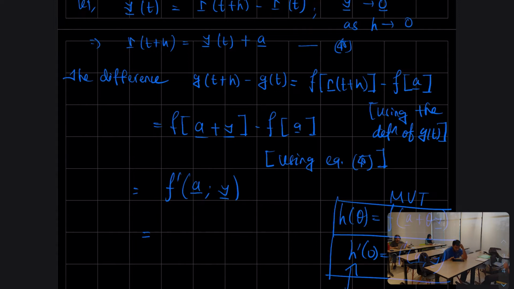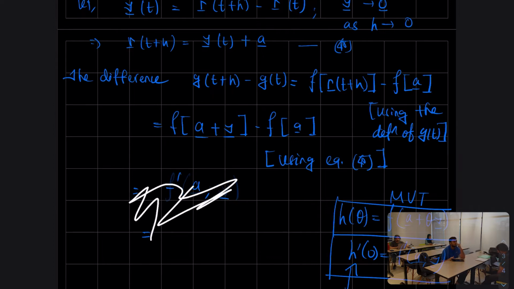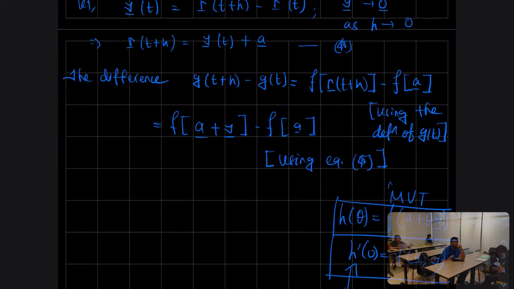I wanted to apply the mean value theorem here. Let's not waste time because I have to cover many things. We'll do it in the Slack, or you can do it as homework. Another issue is that we haven't defined what the size of the ball is, but in the mean value theorem, we have defined that.